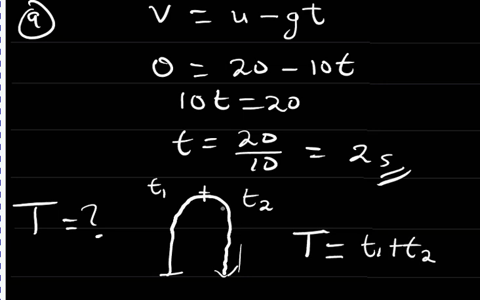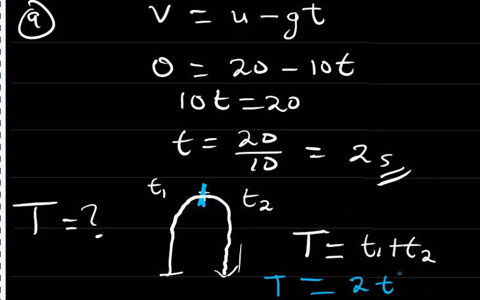Since the two are over the same height, the motion is divided into two equal halves. One, t1, is the time to move from the ground level to the maximum height. The other, t2, is from the maximum height to the ground level. So invariably the two are equal, so this is t plus t, which is 2t.